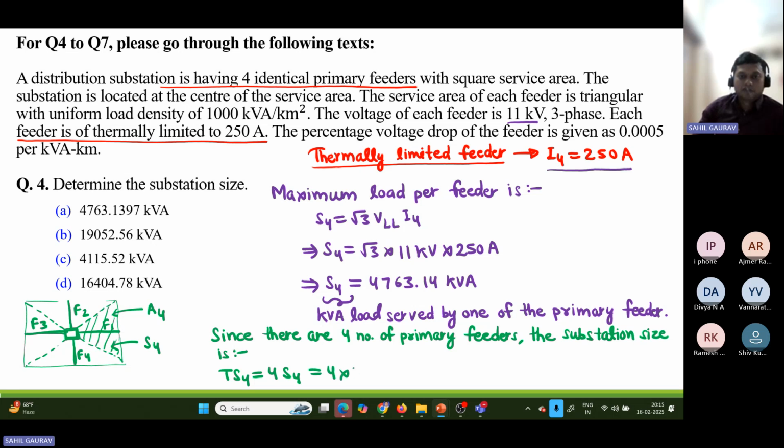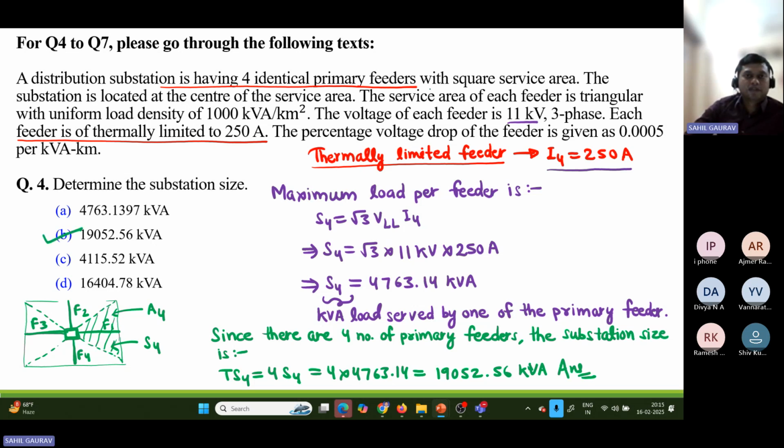So 4 into 4763.14 comes as 19,052.56 kVA. So B is the correct answer.